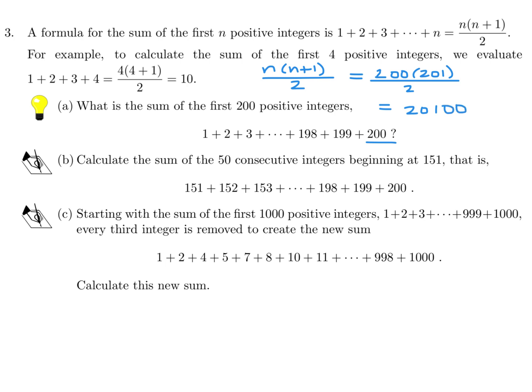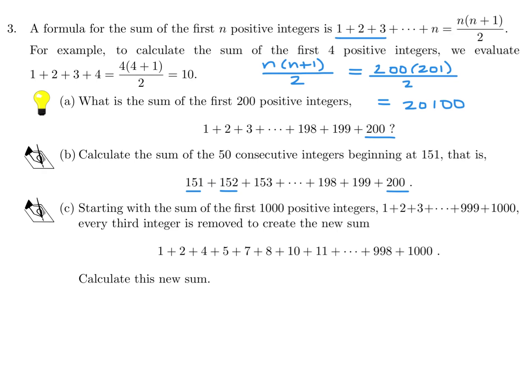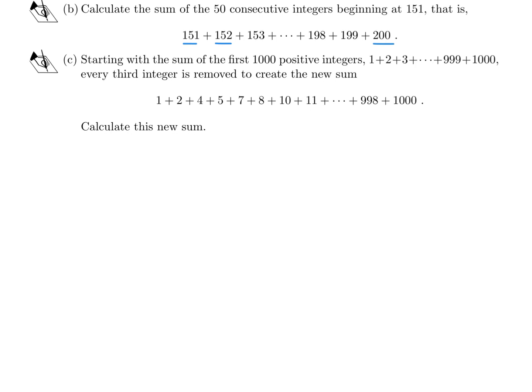Calculate the sum of the 50 consecutive integers beginning at 151. That is 151 plus 152, all the way up to 200. Okay, so this is a bit different, right? Because we're not starting with 1 plus 2 this time. We're starting with 151. So how do we do that? Well, you look at it as follows.